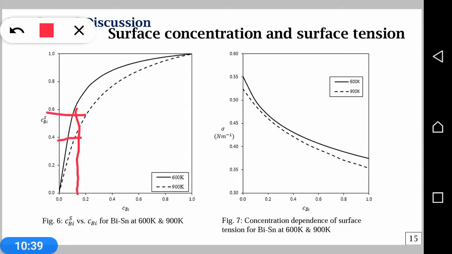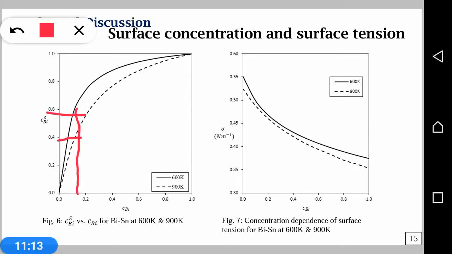The surface concentration of bismuth is greater than its bulk concentration in all compositions, and at both temperatures. Therefore, it can be deduced that the surface of bismuth tin is enriched with bismuth within the temperature range of 600 Kelvin and 900 Kelvin. The surface concentration of bismuth decreases as temperature of bismuth tin rises.